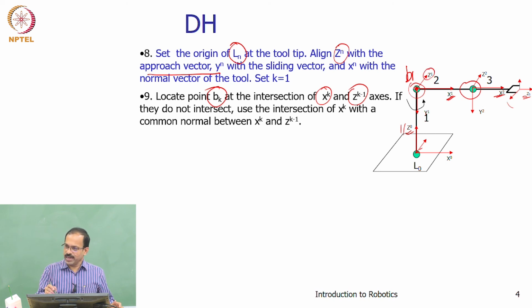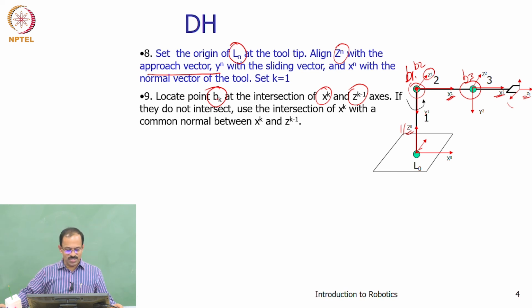So it will be here only, right? B2 also will be here. It has some significance in calculating the parameters. Like this you get B1, B2, B3. This will be B3 and then it goes on like this. So you will get all the Bk's.